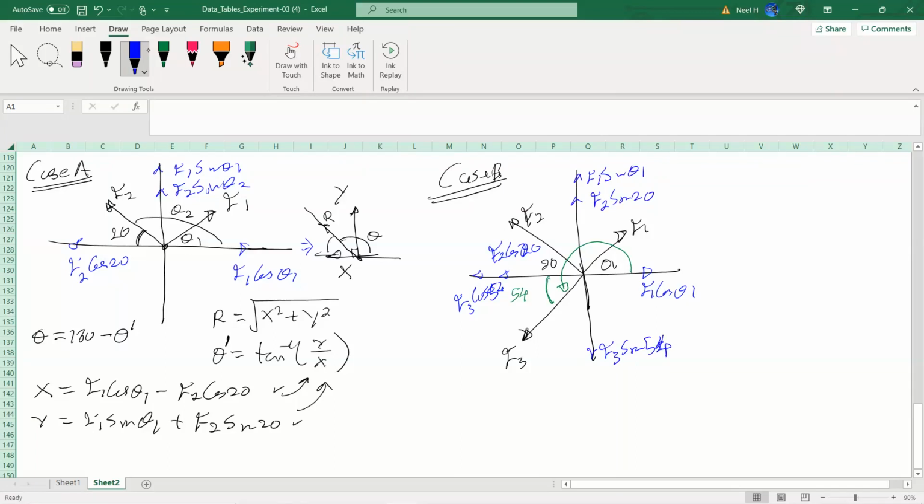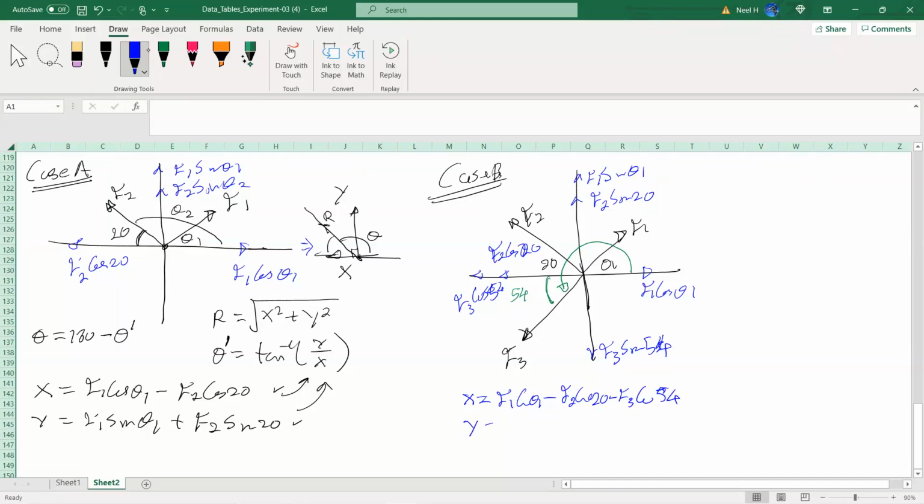Then it's the same technique. To find the x resultant, I can write F1 cosine theta 1, minus direction I have F2 cosine 20, minus direction I have F3 cosine 54.